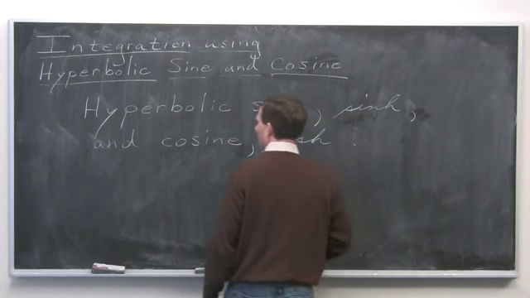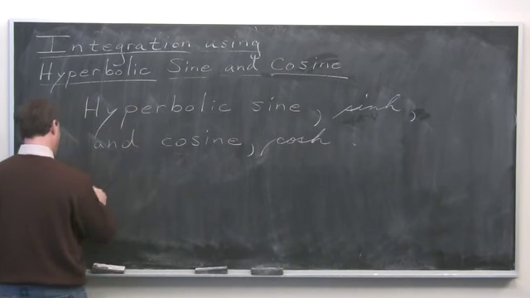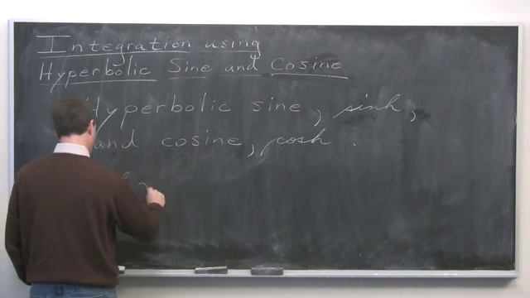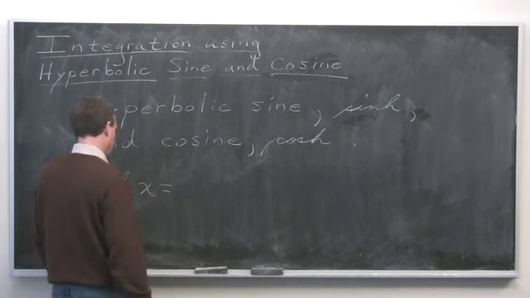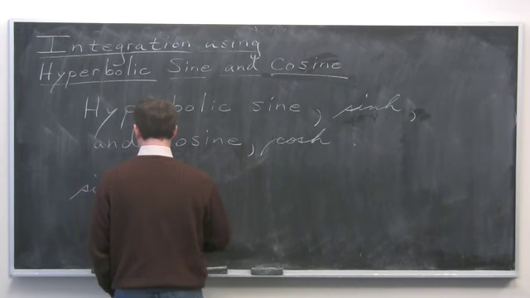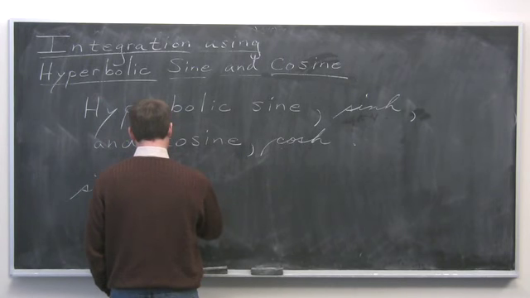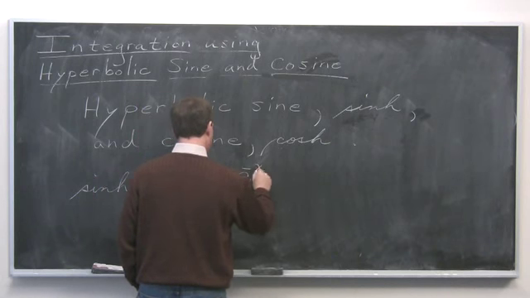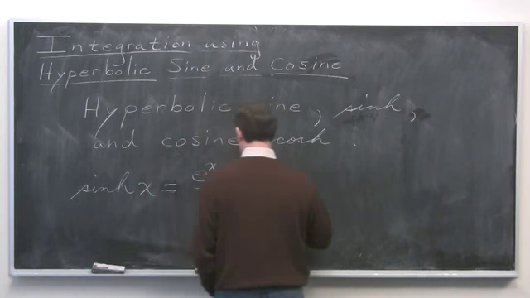So, cosh, and their definitions are, and these don't look very trigonometric, I'll comment, or much like the normal trig functions, but I'll comment on that. By definition, hyperbolic sine of x is e to the x minus e to the minus x, over 2.